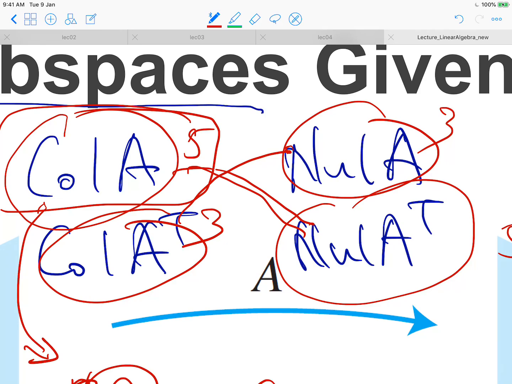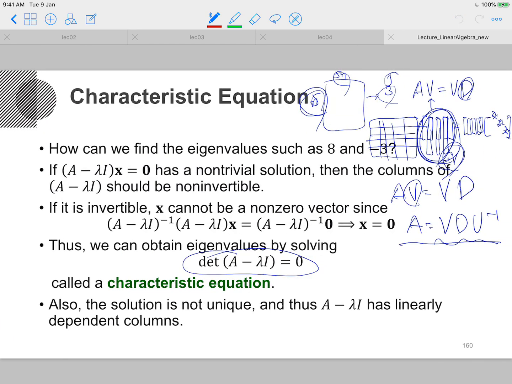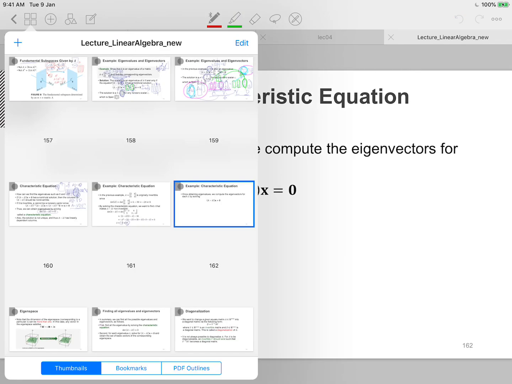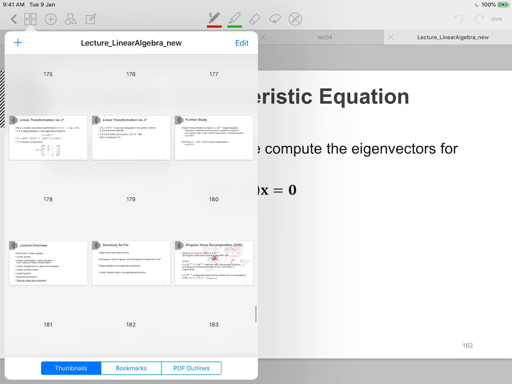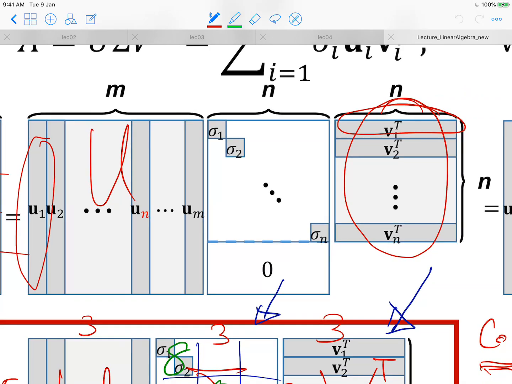Those are simply obtained from this full form.